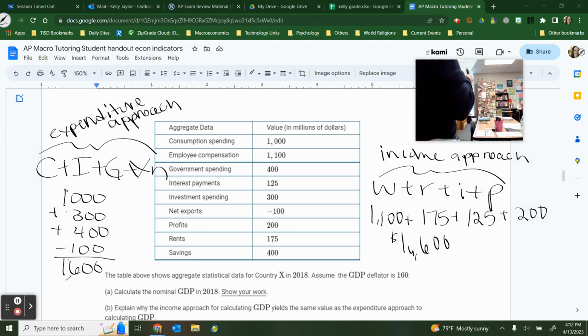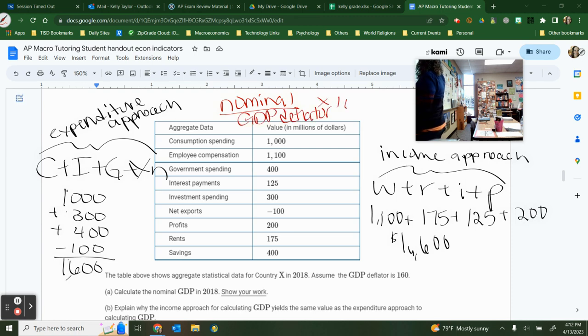For D, it says using the GDP deflator, calculate real GDP for 2018. Keep in mind, the GDP deflator is given to you in the question. GDP deflator is 160. So it's nominal divided by the GDP deflator times 100 equals real.